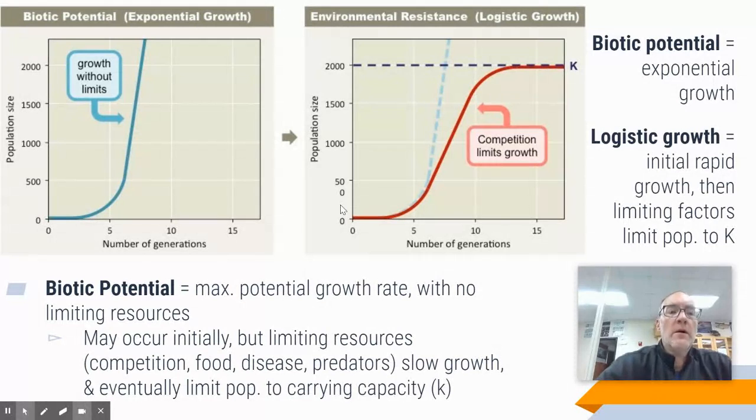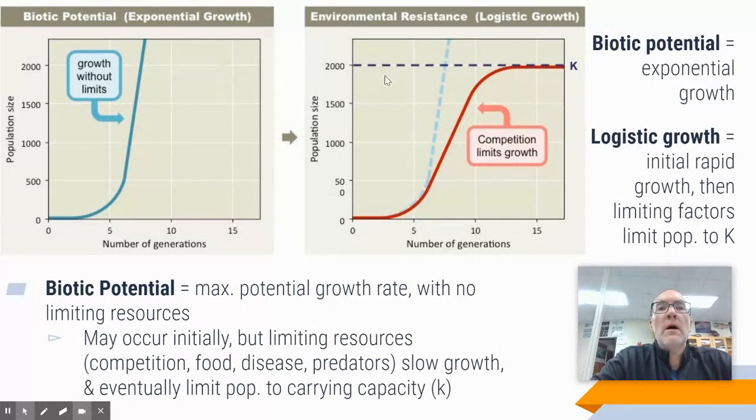All right, here are a couple more graphs, and we talked briefly about this before, but biotic potential is the max potential growth rate of a population or cohort with no limiting resources. And it may occur initially, but limited resources are always there, which slow the growth rate and eventually limit the population.